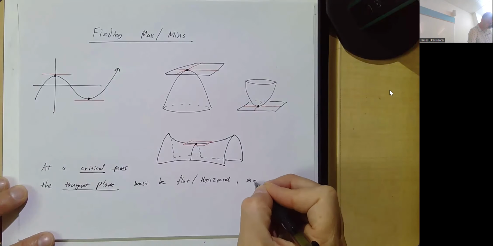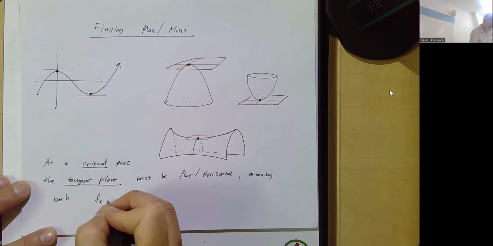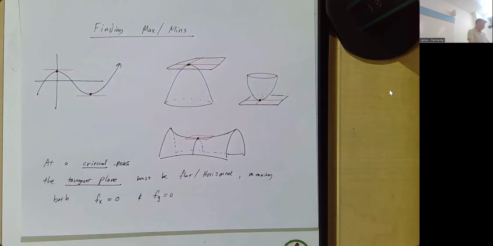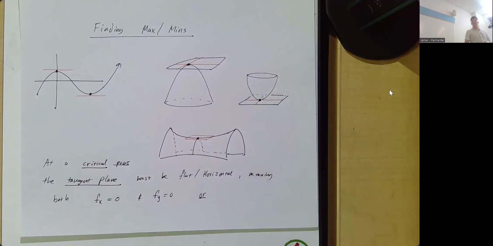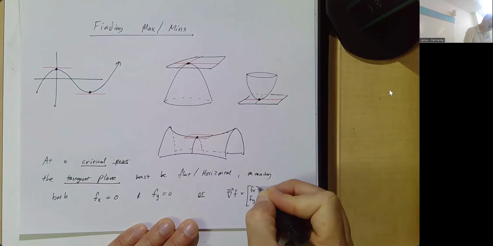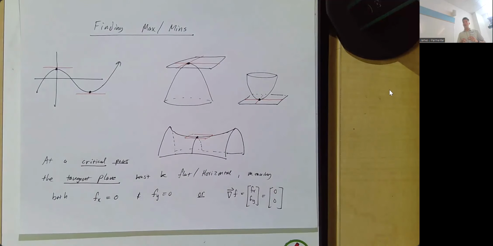Meaning that both the derivative in the x direction has to be 0 and the derivative in the y direction has to be 0. Or in other words, if you're setting both of the partials equal to 0, you're really setting the gradient equal to 0. So often you'll hear people say the way we find critical points is by setting the gradient equal to 0. But really, I would think of it more in the first way. You're just taking each of the partial derivatives and setting them equal to 0.